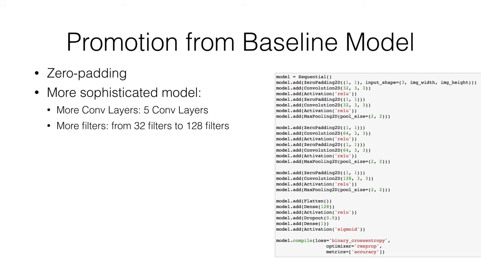A simple idea came up when we decided to promote the baseline model. Does a more sophisticated model help? The answer seems intuitively to be yes. However, through our experiments, only properly increasing the number of conv layers and filters can be helpful, since too many layers and filters will cause overfitting, that lowers the performance of the model.